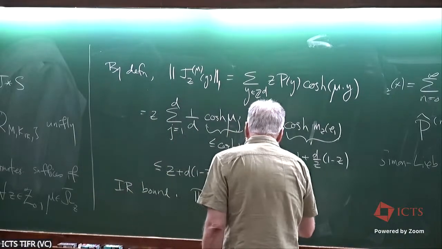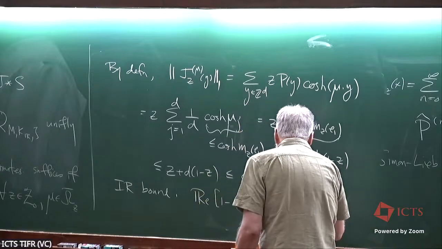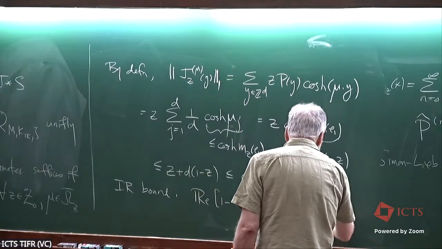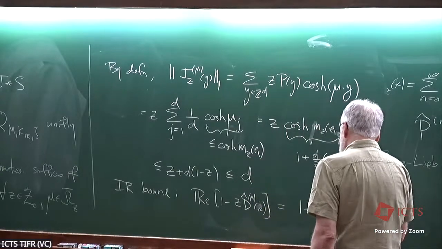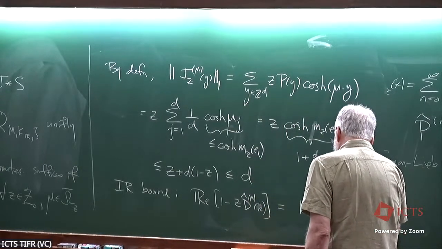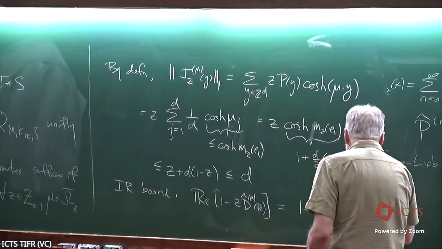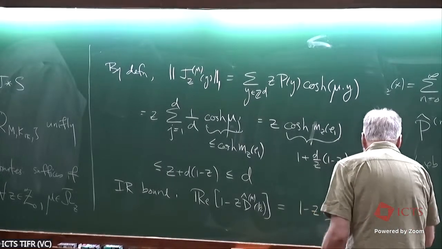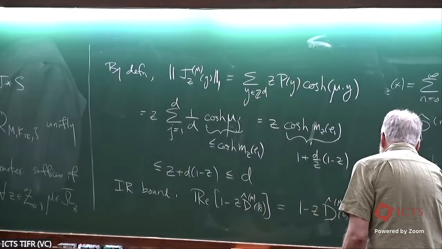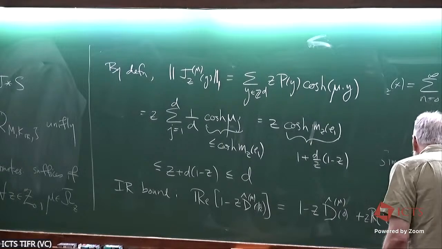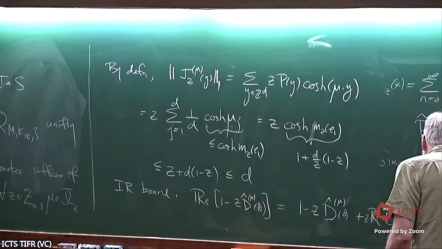Okay, so this is the same as 1 minus Z D hat mu of 0, plus the real part of, take the Z out, D hat mu of 0 minus D hat mu of K. I'm just adding and subtracting the thing at K equals 0.